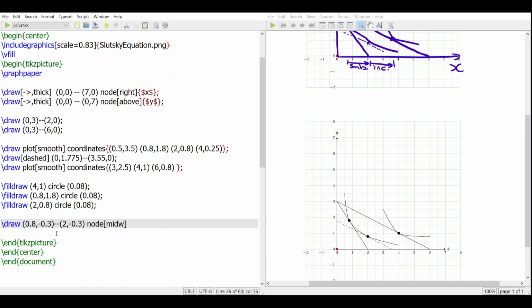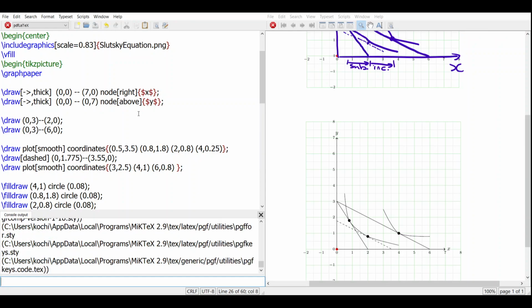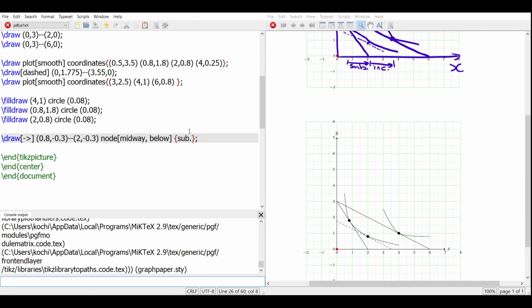And with a note, it's in the middle of that, midway, and below, and we have what we call the substitution effect. It should be sub, and you have an arrow here. Okay, substitution effect.